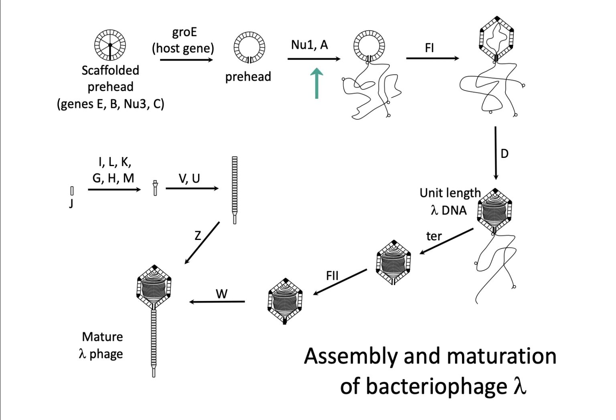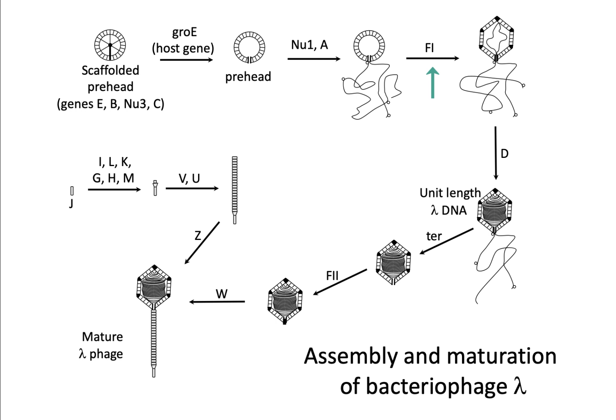And then the proteins Nu1 and A start threading the DNA up into the head, and the A protein actually sits on the cos sites, and once the head is filled with the DNA, it cuts at the cos site, so there's exactly 1 genome's worth of the lambda genome in each head.